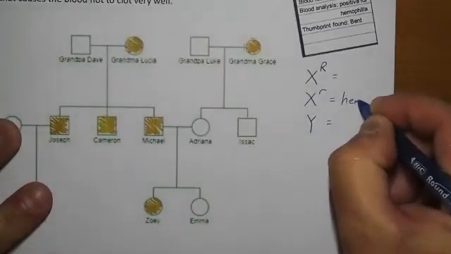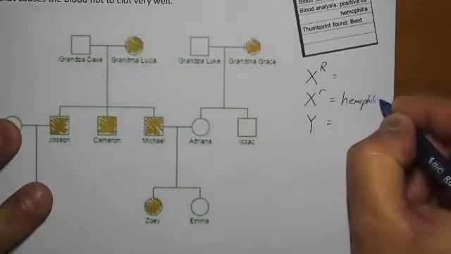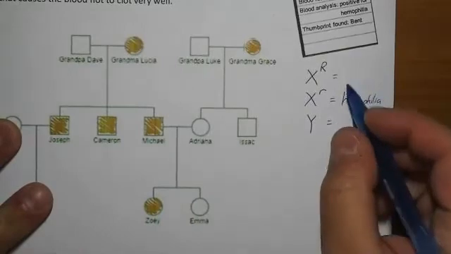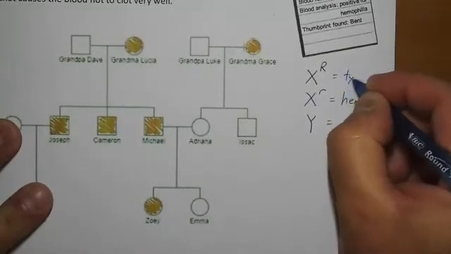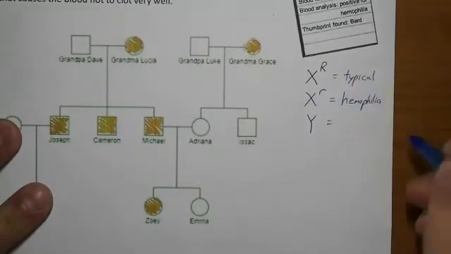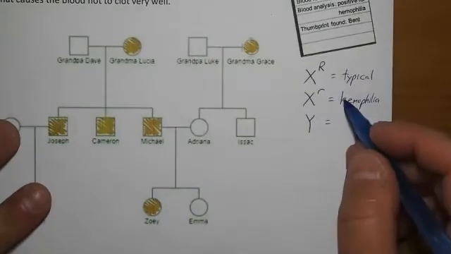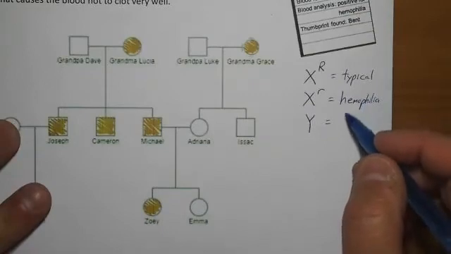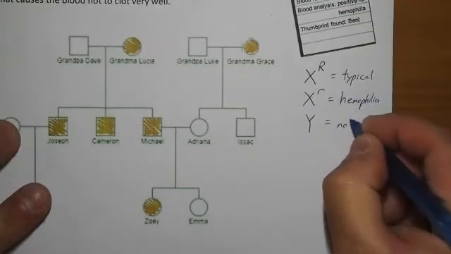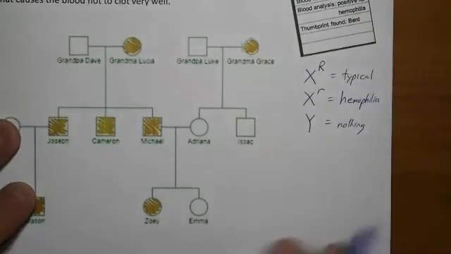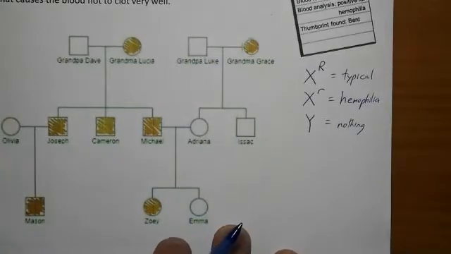So this is hemophilia. So what is the capital? Typical. Sometimes people say normal, but we don't really believe there's any normal. Typical means not hemophilia. And so then what's on the Y? Nothing. Y chromosome, remember, is really short, doesn't have very much DNA.